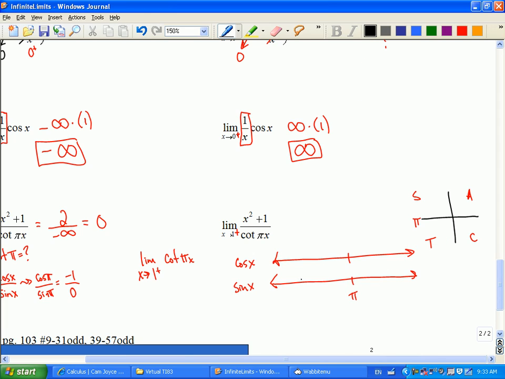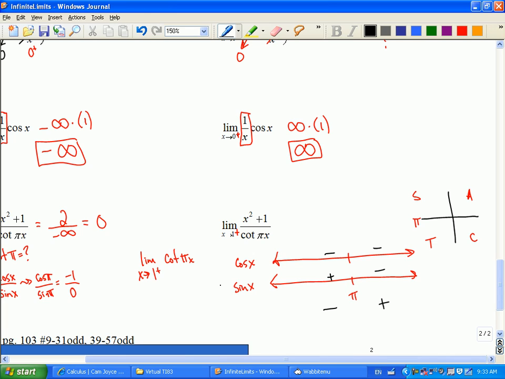Okay, so if I'm less than pi, that means I'm in this part of the quadrants. So if I was less than pi, this would be a negative, while this would be positive. And if I'm greater than pi, I'm somewhere over here, right? Again, only tangent is positive, so both of these would be negatives. So on the left side of pi, the graph is going to be negative, while the right side, the graph will be positive.